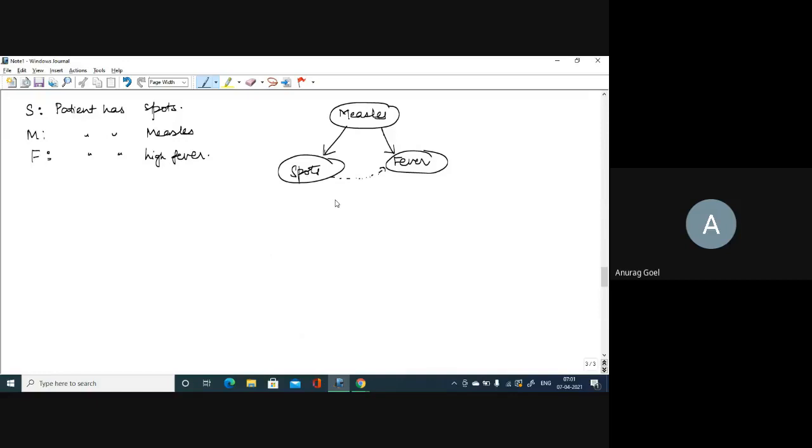And if both spots and fever are present, they provide evidence in favor of measles, but they are not independent. They have a little dependency on each other. So we can't say that these two events S and F are completely independent. Hence, we cannot simply sum their effects, but must take the conditional probabilities of their conjunction into account.